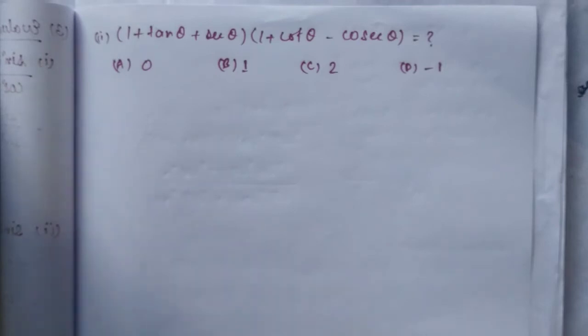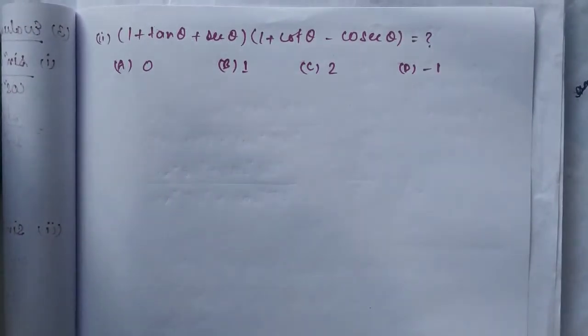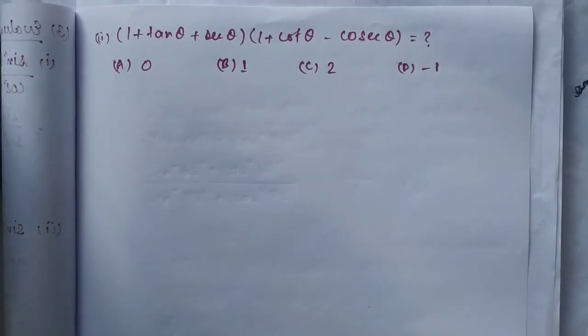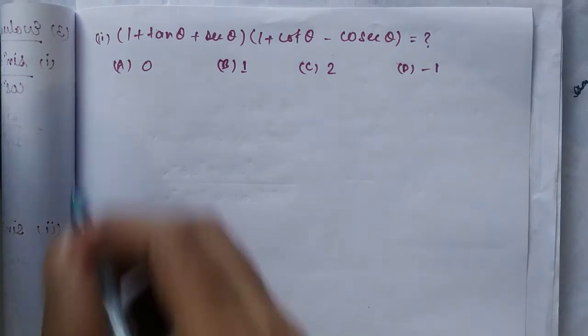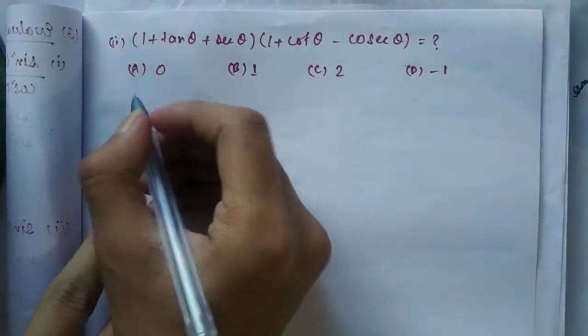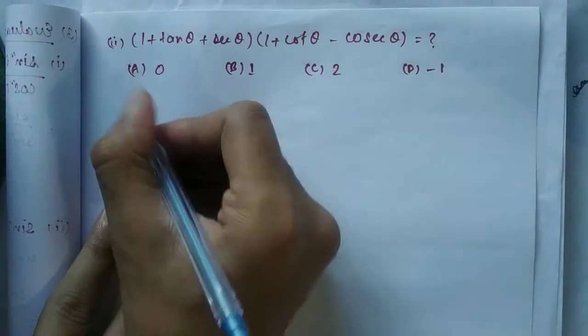Now let's move to the second part, that is 1 plus tan theta plus sec theta into 1 plus cot theta minus cosec theta. So what we do is we solve this, we break this into simple terms.